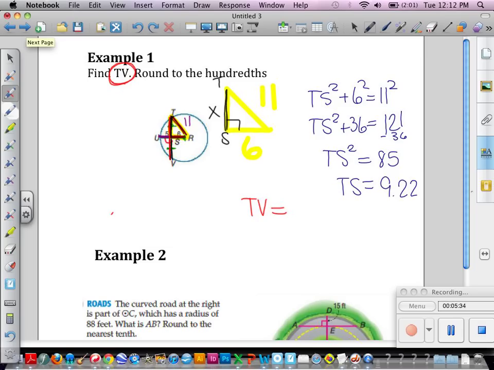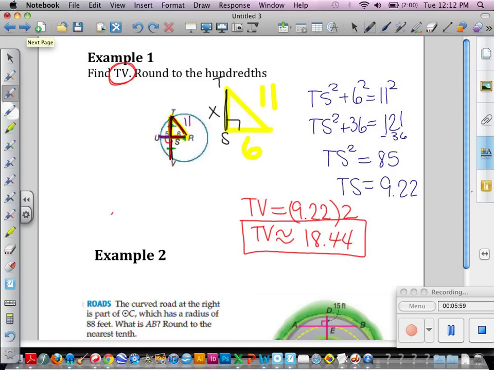I should be writing TV equals, I'm going to take the 9.22 and I'm going to multiply it by 2. I'm going to double it because those two pieces are equal. So my TV is approximately equal to 18 and 44 hundredths. And I'm going to box that answer in.